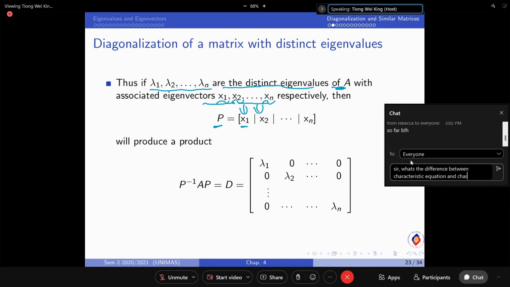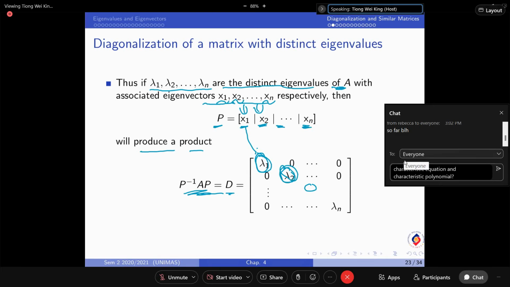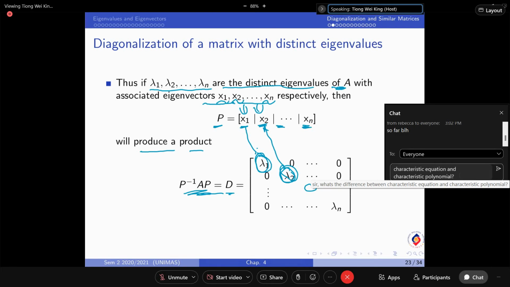This is the first column, second column, third column until the n-th column, and then we produce a product like this, where this is the first eigenvalue, second eigenvalue, third eigenvalue, and so on. This is the eigenvalue for this eigenvector, this is the eigenvalue for that eigenvector, and so on.